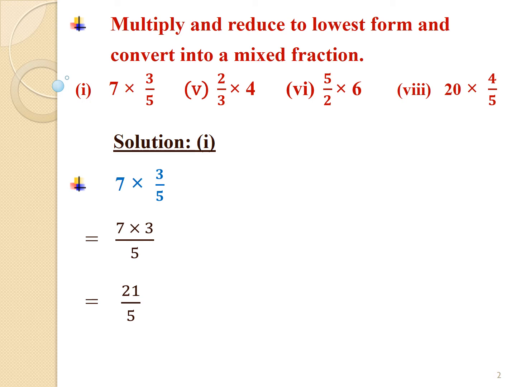Now, converting improper fraction 21 upon 5 into a mixed fraction, we get 4 integer 1 upon 5. Thus, 7 multiplied by 3 upon 5 is equal to 4 integer 1 upon 5.